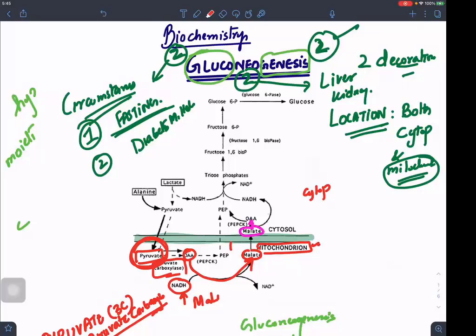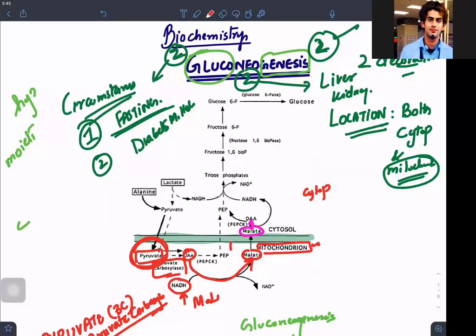Oxaloacetate is not able to come out through the inner mitochondrial membrane, so it must become malate. Don't consider this as a malate shuttle, because you are not producing an NADH molecule, rather you are utilizing it inside. But once you come out in the cytosol, from malate to oxaloacetate, you can produce an NADH molecule.